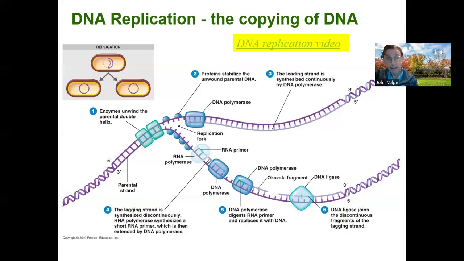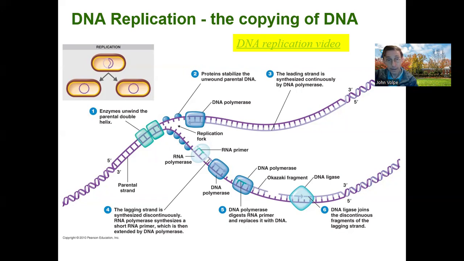All right, on the lagging strand, since the DNA polymerase cannot move down this way, because this way is not 5 to 3 prime, the DNA polymerase has to always move in the 5 to 3 prime direction.